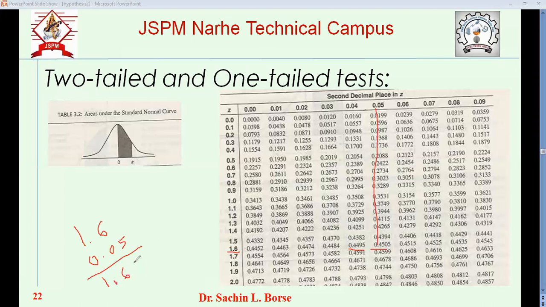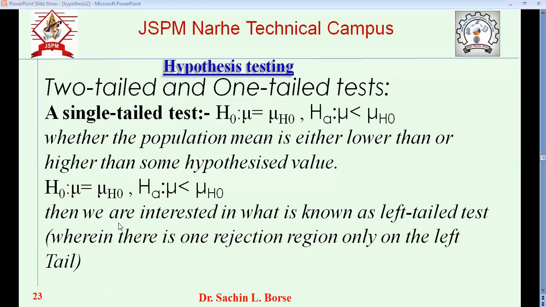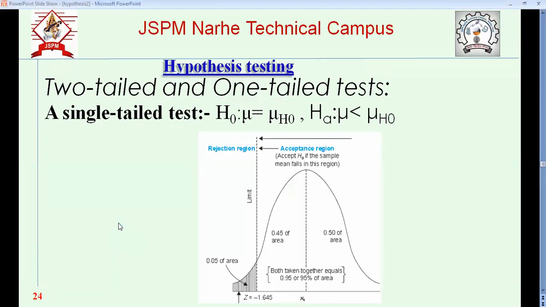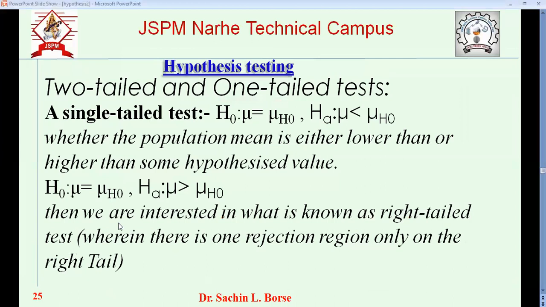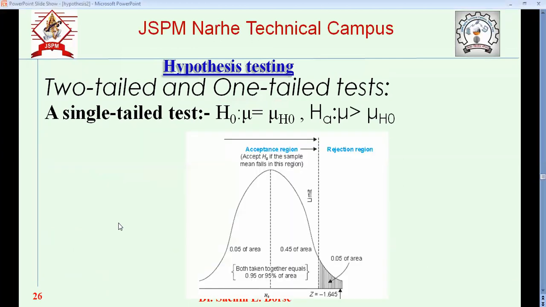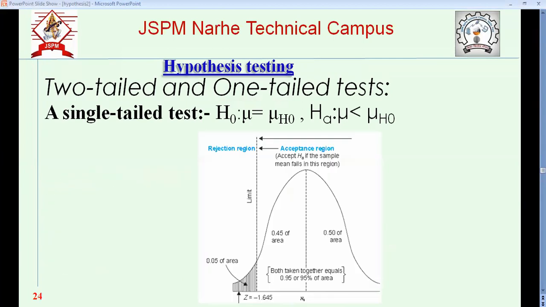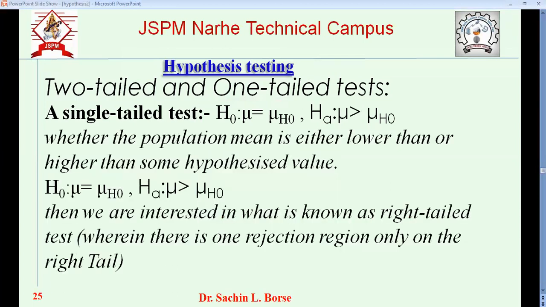Check whether it's correct. So this is 1.645, in between 0.04 and 0.05. So it has taken 1.645. This is a single tail test. Now this is the left tail test.